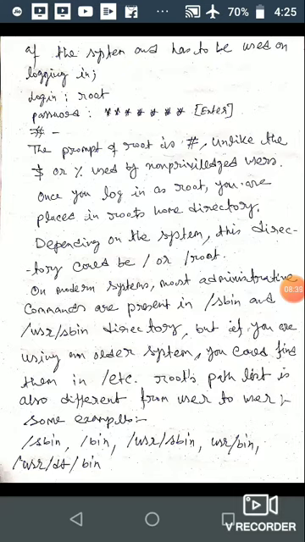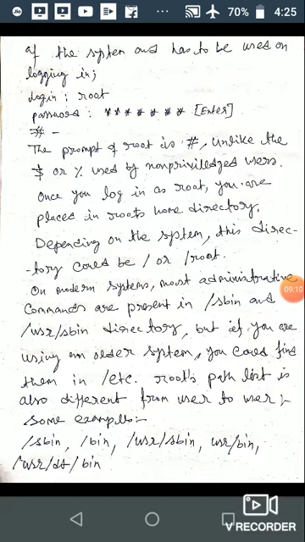But in some older systems the prompts may be different, and here are some examples we have given, such as slash sbin, slash bin, slash usr slash sbin, as you can see in the writings.